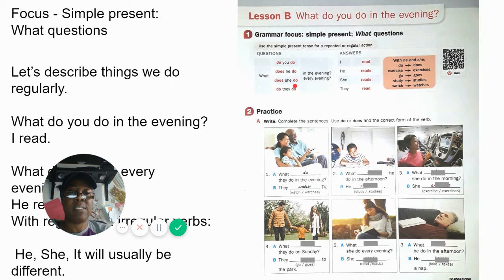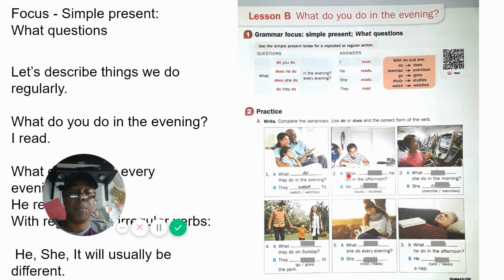Remember, this part all stays the same. So they watch TV. They watch TV. Okay.